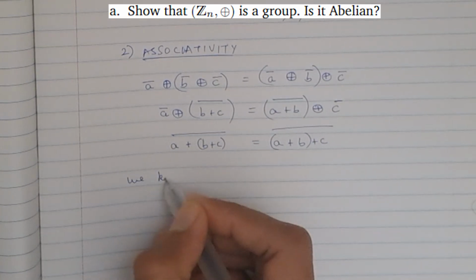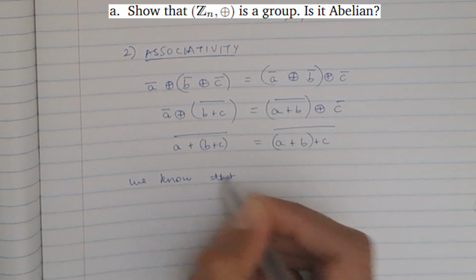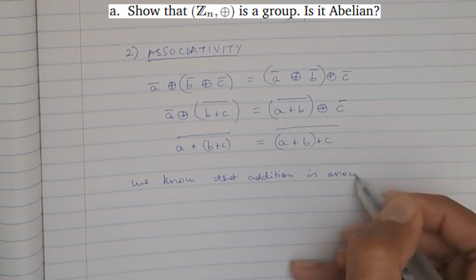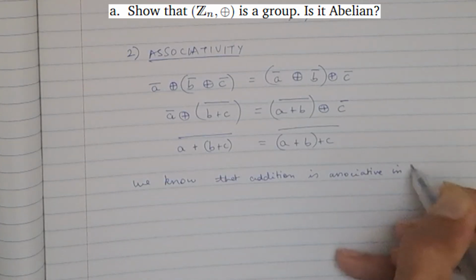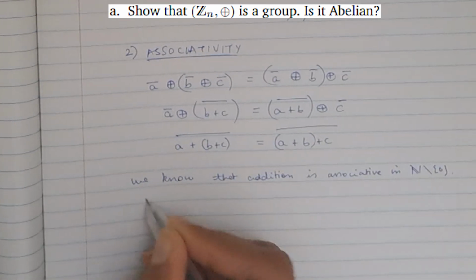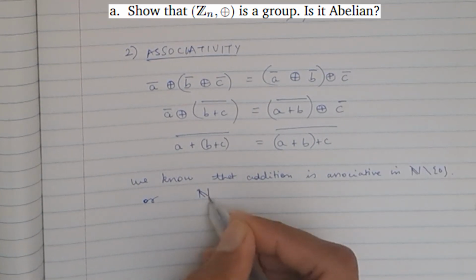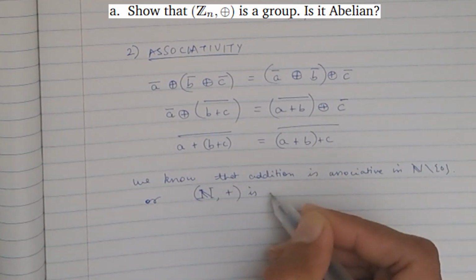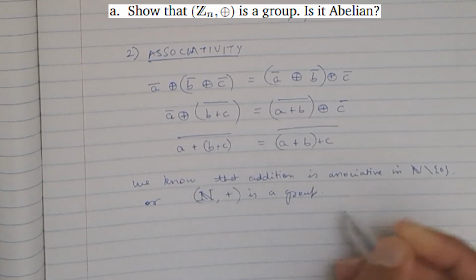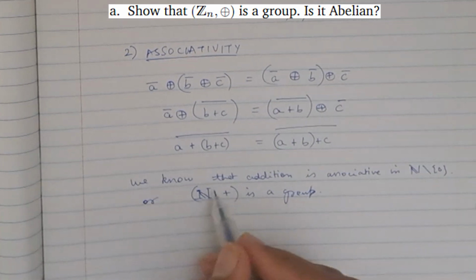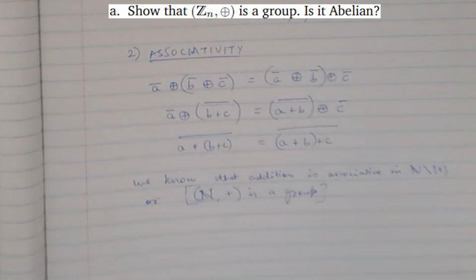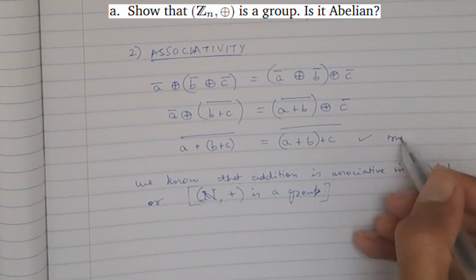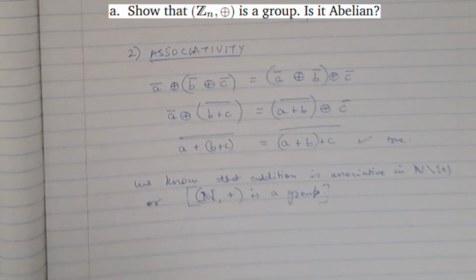We know that addition is associative in N, or you could say it is a group. This is just a more formal way of saying this. I'm introducing this so that we all develop greater intuition about how to use formal mathematical language. And since we know this to be true, this is actually true, meaning this is associative as well.